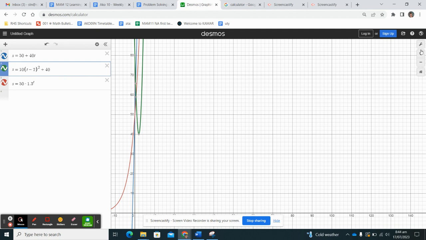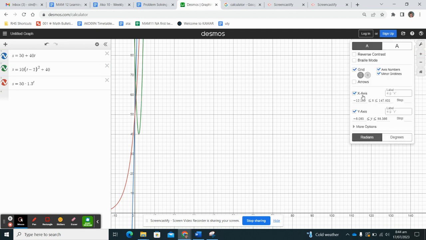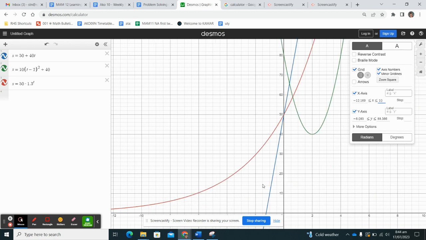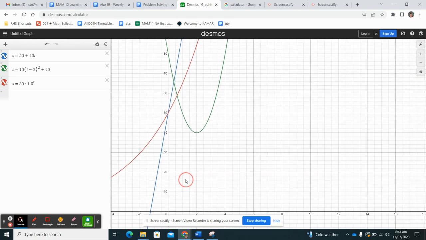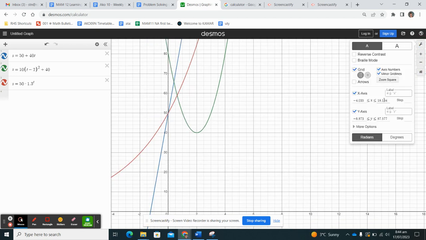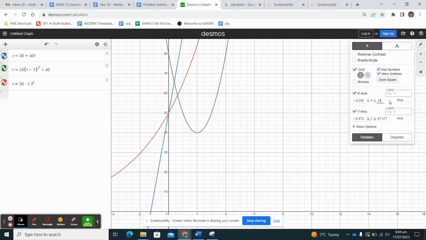Now you will obviously need to go to your zoom spanner. You would zoom based on the values in your table, but I'm just going to give an approximate zoom here. We're doing it over 9 years, so you could zoom for 10, which would be quite reasonable.